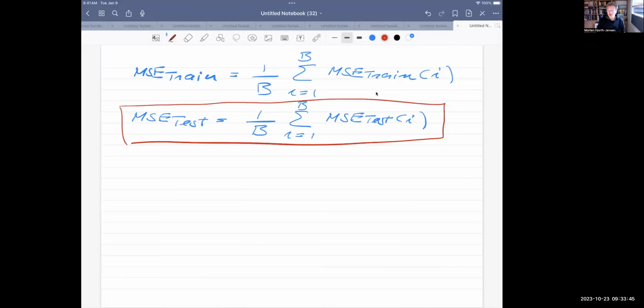However, if we have real data, as I mentioned in the beginning of the previous lecture, it's very unlikely that you will be allowed to rerun the experiment.